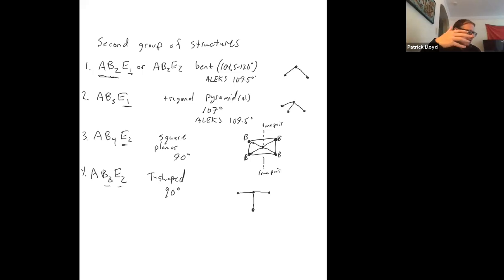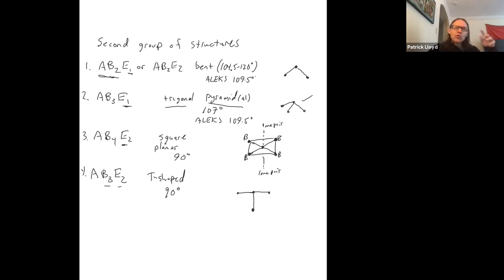If you have 1 central atom and 3 surrounding atoms, it could be trigonal planar or trigonal pyramidal. Those are the 2 structures that have AB3. Then you look to see if it has lone pairs. If the central atom has lone pairs, then it's trigonal pyramidal, and it's 107 degrees or 109.5 degrees, and it looks like a pyramid.